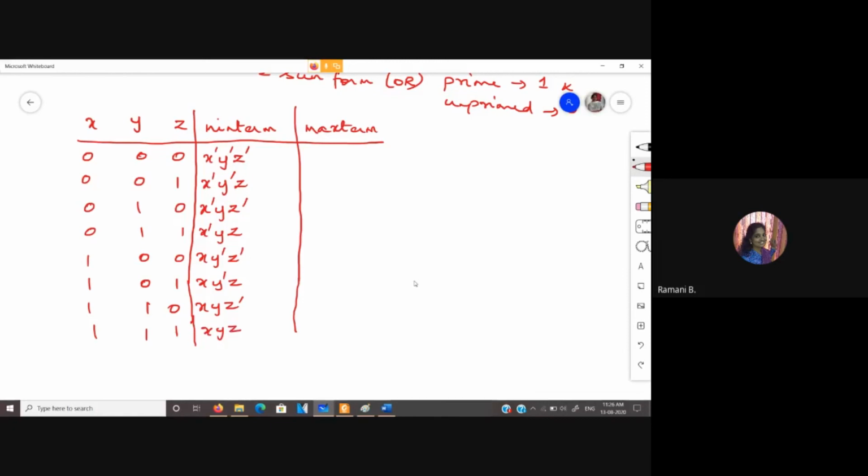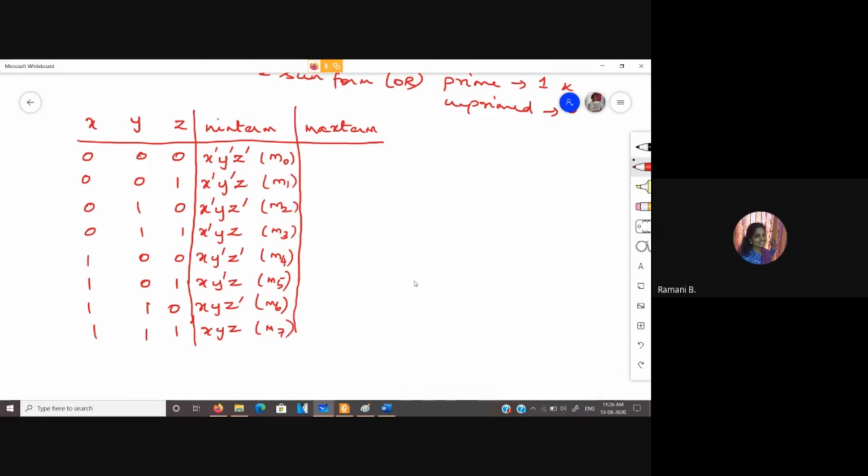The short form notation for these is small m with suffix 0, small m suffix 1, which is the corresponding decimal equivalent of these variables, m2, m3, m4, m5, m6, and m7.